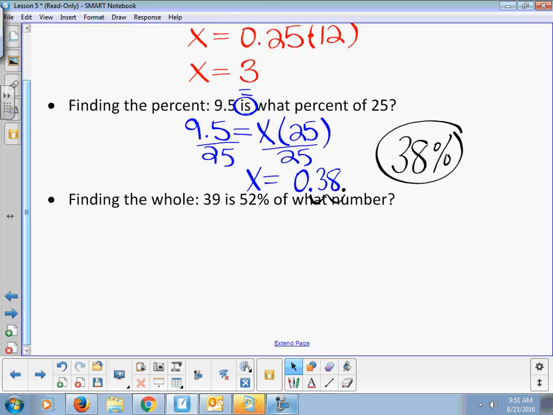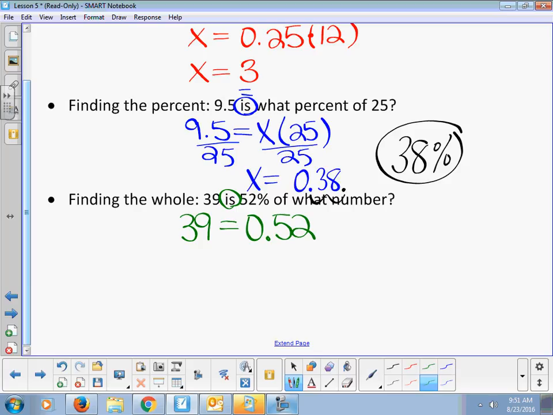And our last question is finding the whole. 39 is 52% of what number? So we have 39, we know is our equal sign. 52% written as a decimal would be 0.52, and we're multiplying by x, we're unsure.